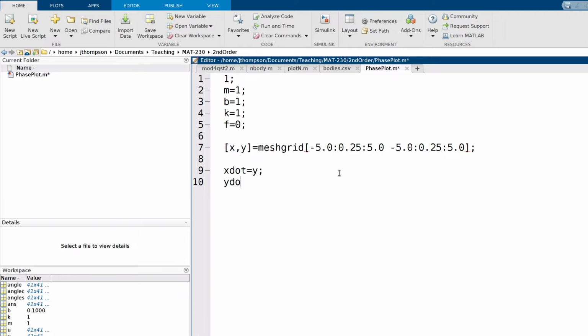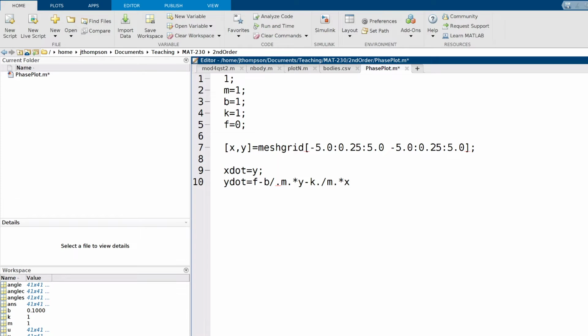And y dot is going to be our driving function minus, what was it, b divided by m times y, minus k divided by m times x.